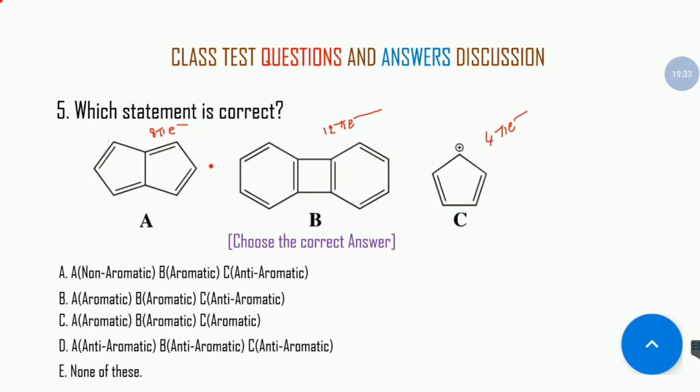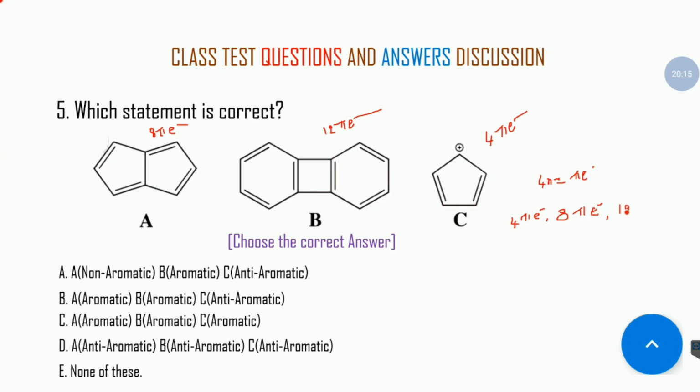Now you have to memorize the series for aromatic and anti-aromatic. So 8 pi electrons, in which series do we get it? For anti-aromatic the formula is 4n pi electrons. So what will we get? We get 4 pi electrons if the n value is 1, then 8 pi electrons, next 12 pi electrons.